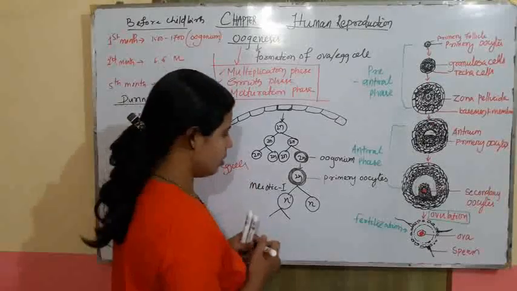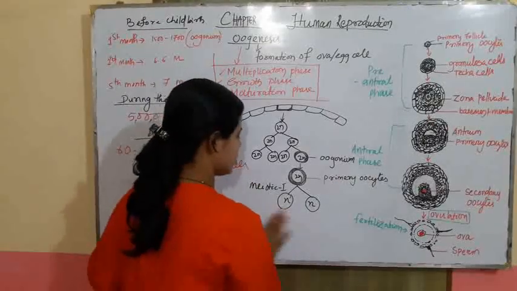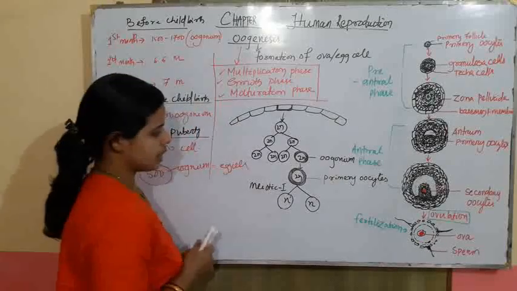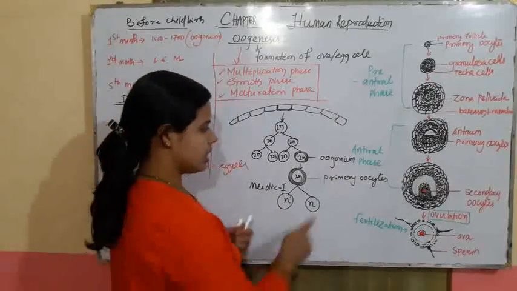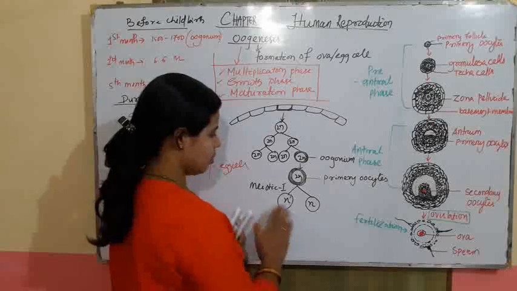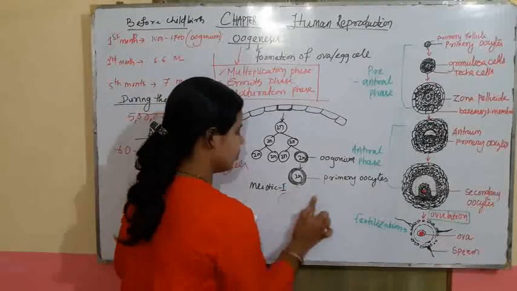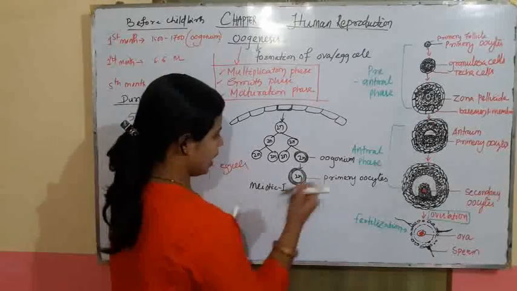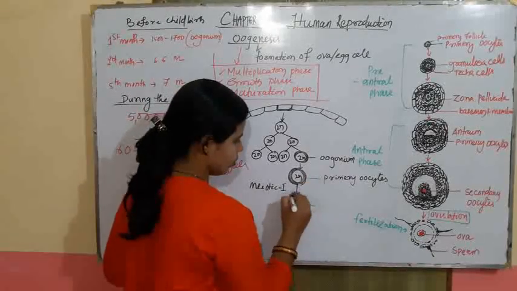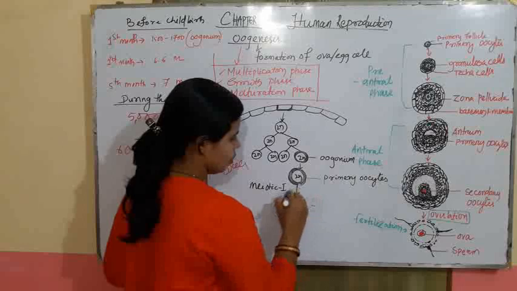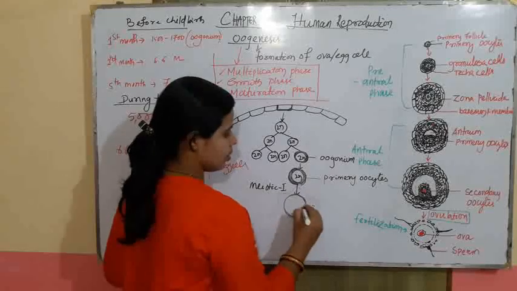But here, let us discuss what happens in a proper way. This primary oocyte undergoes the growth phase. Let us show that in the diagram also.